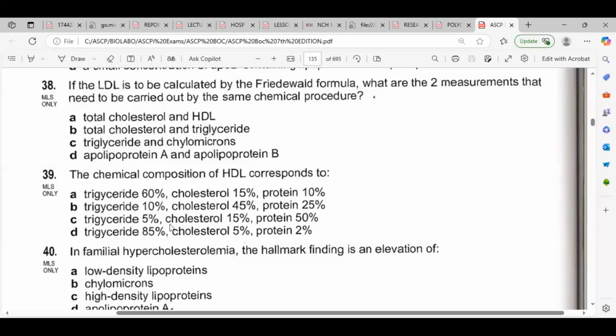Remember, it is also the smallest, because its triglyceride content is very low. So for question 39: triglycerides, cholesterol, and protein are 5, 15, and 50 respectively.